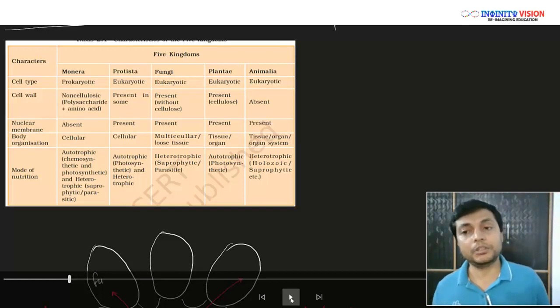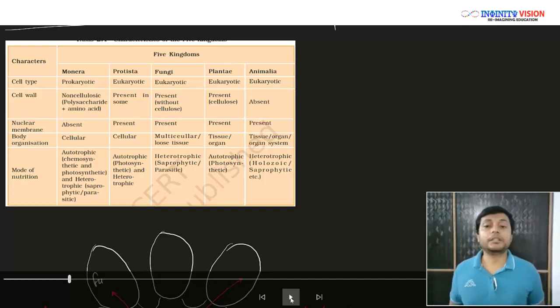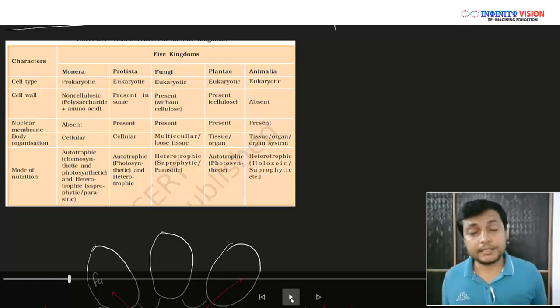Body organization, Monera only cellular, that is they are made up of a single cell, they are unicellular. Protista unicellular. Fungi, plantae and Animalia are multicellular. However, fungi is multicellular, but it has only loose tissue organization. The tissue are not going to make organ or organ system, right?